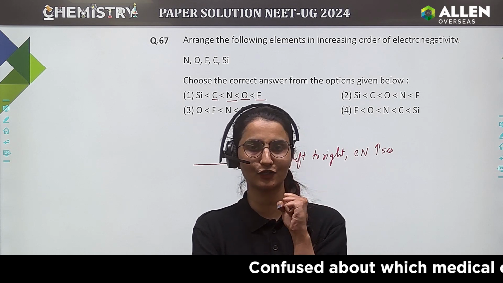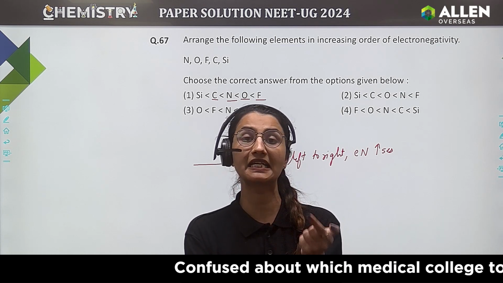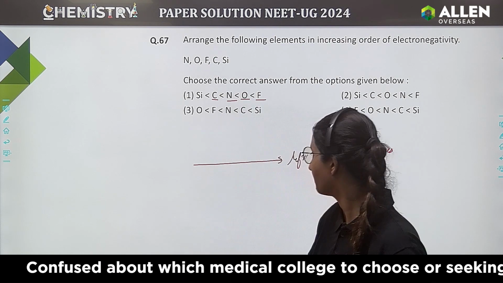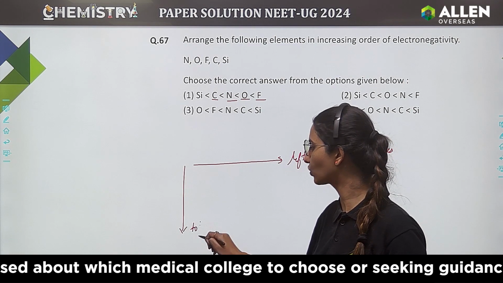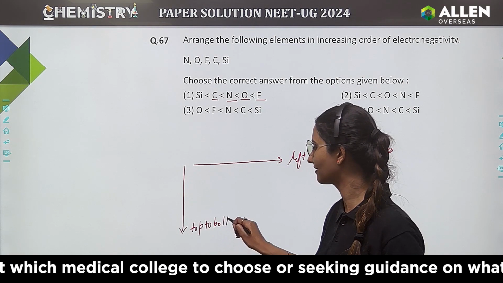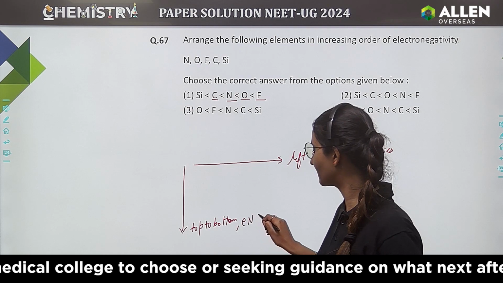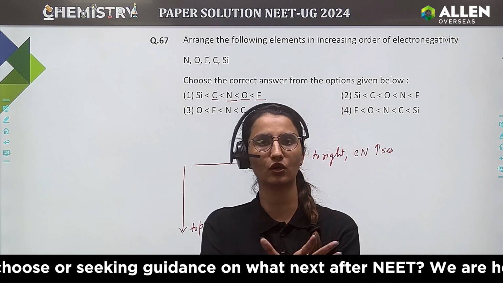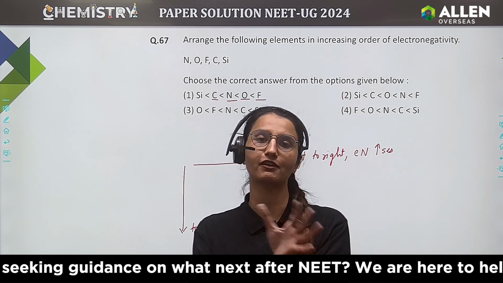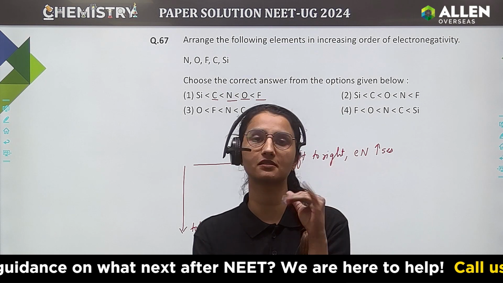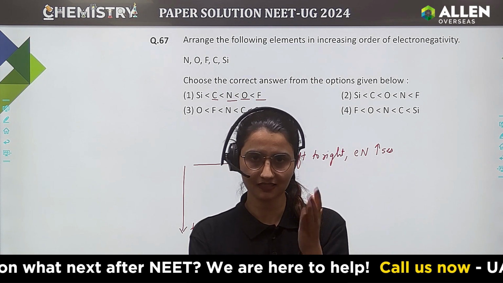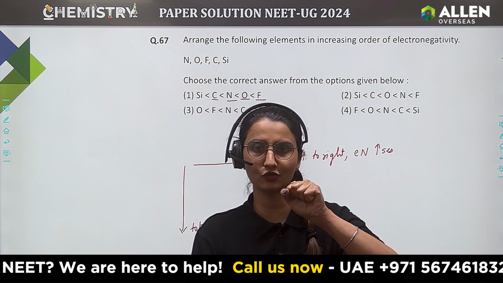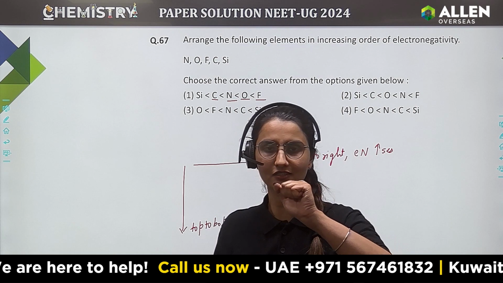Tendency to attract electrons is increasing because of increased effective nuclear charge. However, when we talk about top to bottom in a group, electronegativity decreases. Why? Because, students, top to bottom, effective nuclear charge is almost the same, but size is increasing. Molecule is more spread out. So the tendency to attract the shared pair of electrons decreases.